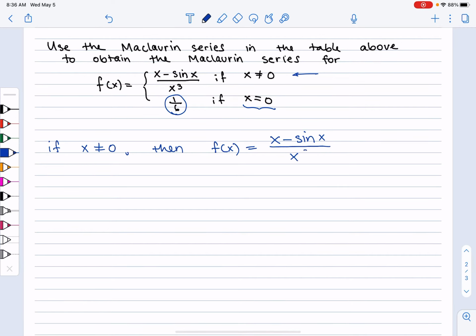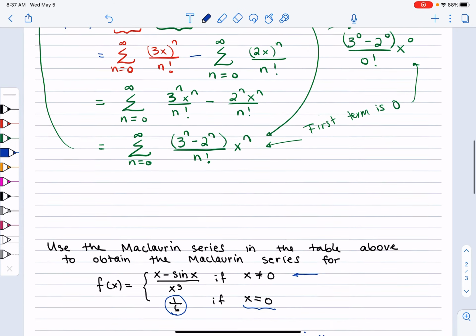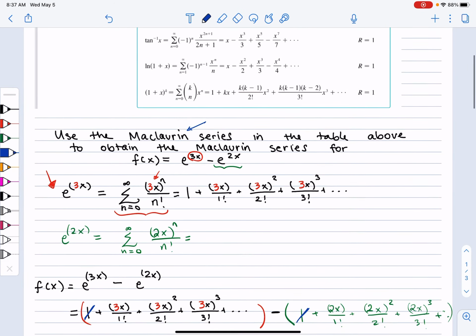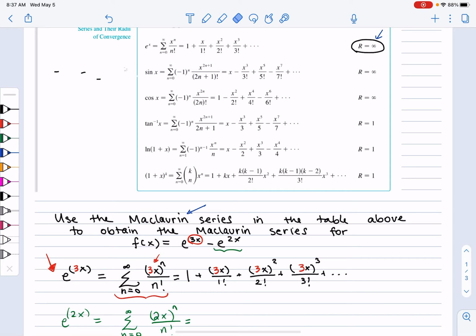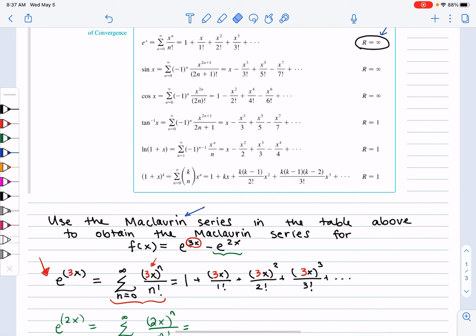The first thing we're going to do is figure out what is sine of x. So go to the table and figure out what sine of x is. We can say that sine of x is equal to sigma as n goes from 0 to infinity of what you see there.